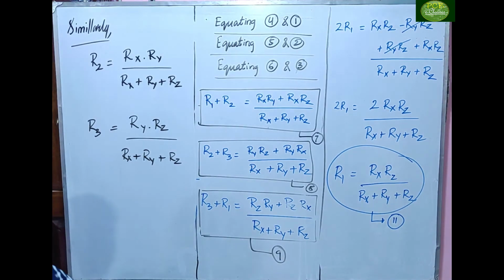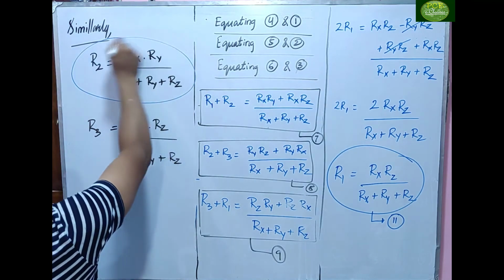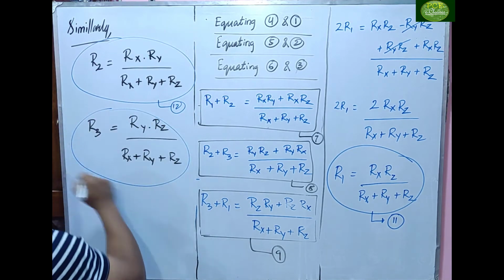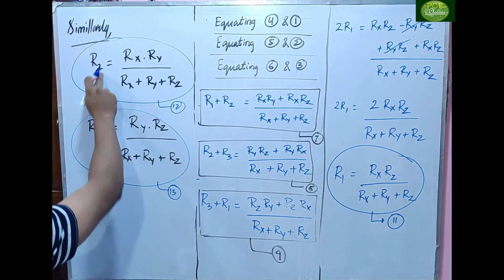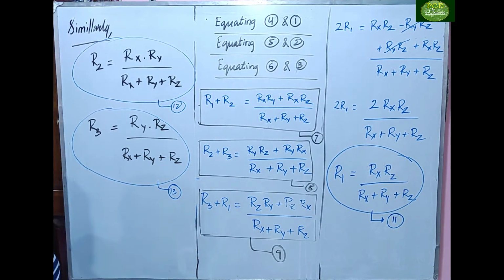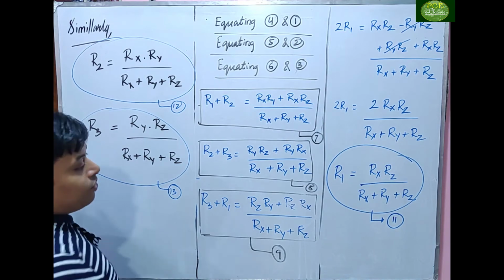Fine. So this is the value of R2 we have got, that is equation number 12, and this is equation number 13. We have got the R1, R2, R3 values. Now we will draw the star and the delta connections. Both we will draw in the same diagram. Then you can correlate how we got the formula.